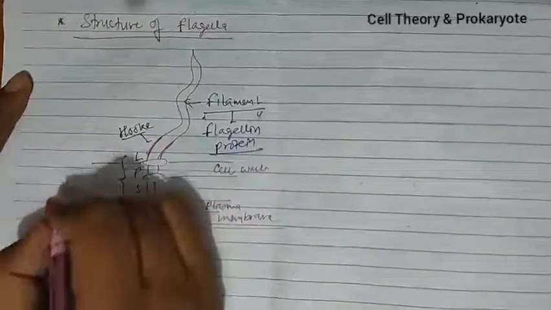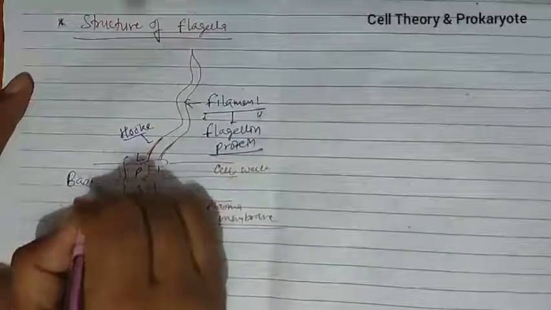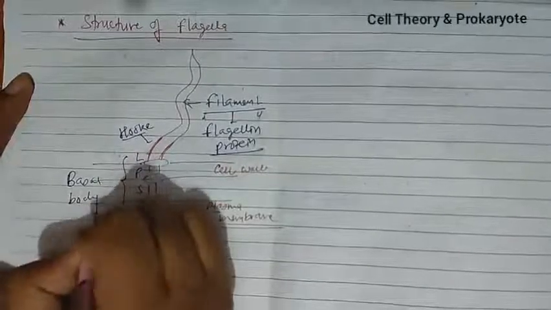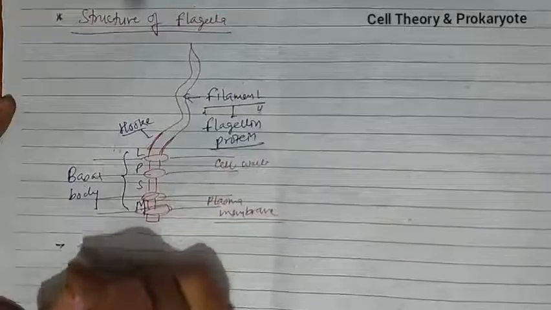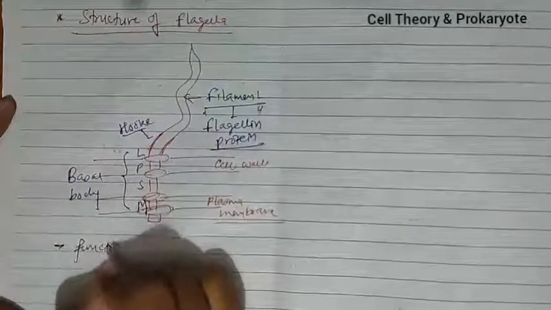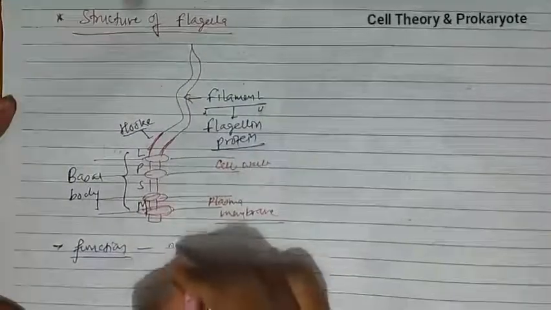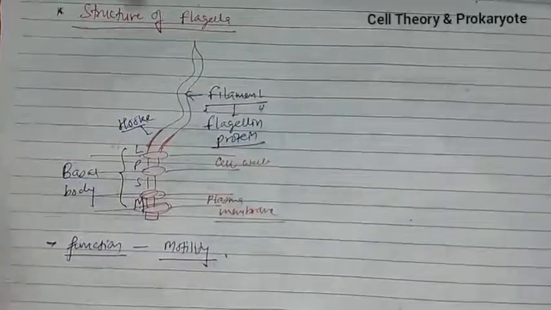These rings combined form what is known as the basal body. So basal body, hook and filament combined form a flagellum. The function of this flagellum is that it provides motility or movement to the particular cell.